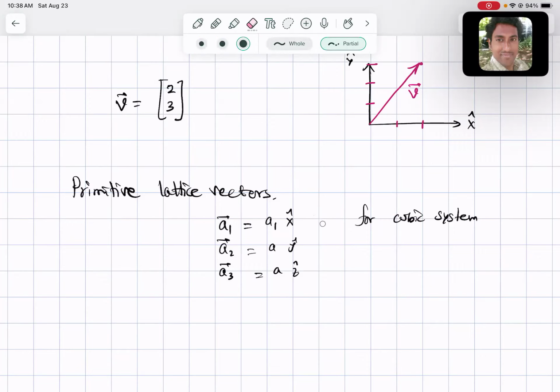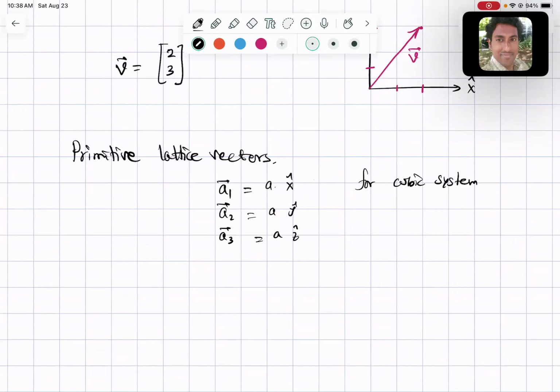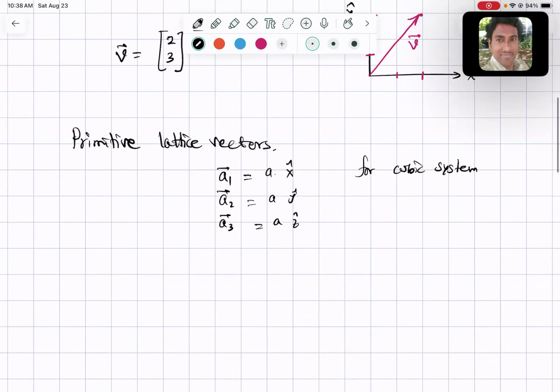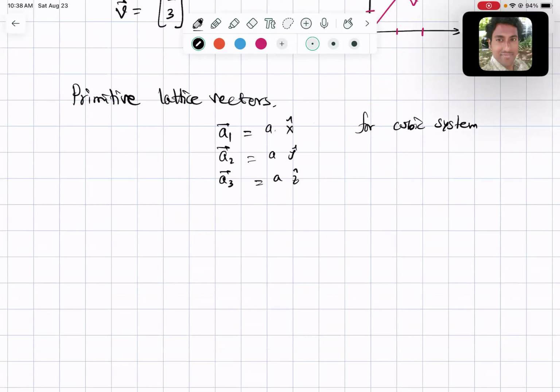But the idea is we have three primitive lattice vectors, A1, A2, A3, and we can construct a vector R like this: n1 A1 plus n2 A2 plus n3 A3. And the ni's are all integers. This Z means integer, a mathematical symbol for integers.